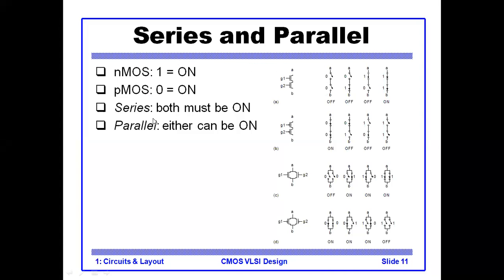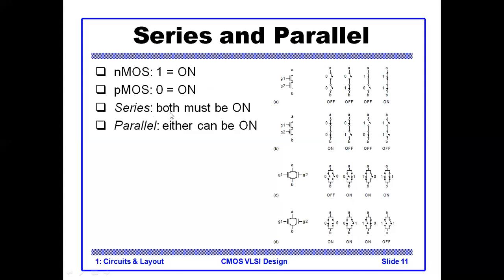According to the ideal working of the NMOS and PMOS transistors, when we apply one to an NMOS transistor, it goes into the on state, and if you apply zero as the input to a PMOS transistor, it goes into the on condition. This is the ideal working of NMOS and PMOS transistors.